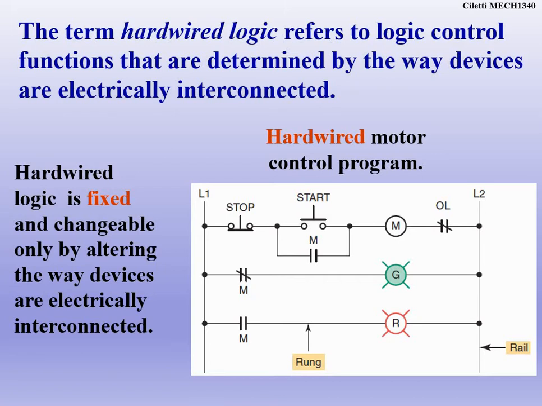So out in the field, you open up a control box and you see all these relays that are wired in there. That's called hardwired. For us to rewire something or change some of the controls, we have to physically go out there and rewire all the connections. Say we accidentally needed to OR something and we ANDed it. We'd have to physically go out and rewire all that.